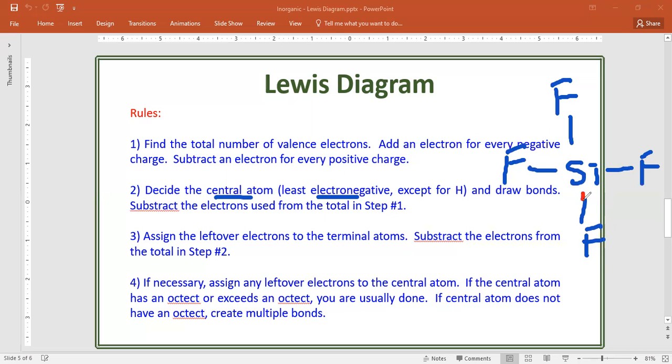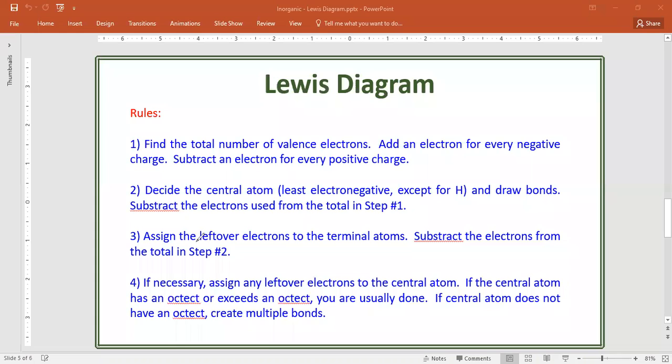Here, each valence electron of the silicon and one valence electron from the fluorine participate in the covalent bond. So that is this. And next, assign the leftover electrons to the terminal atoms.